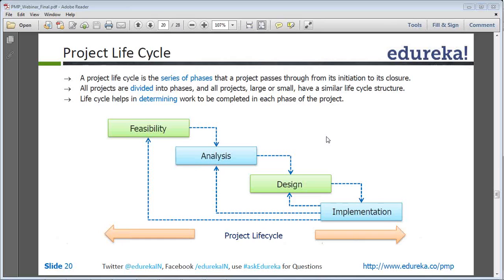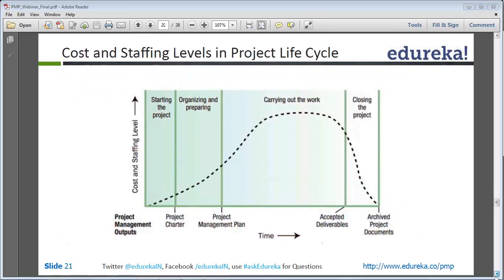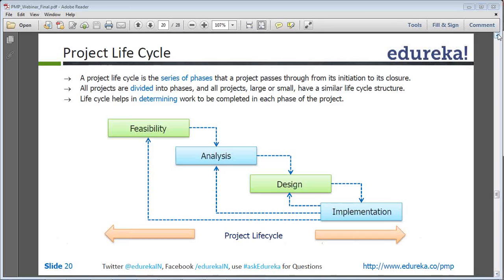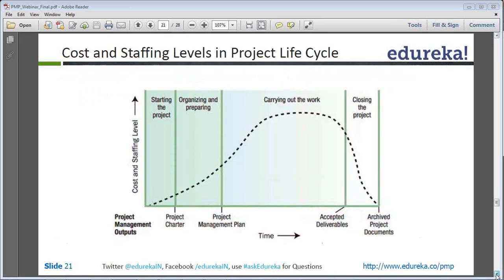So here we can see there is a feasibility analysis, design, implementation for a software project, but it can be different and can be something like design, then you have planning, then you have excavation, foundation creation, then you have construction, you have plumbing, you have electricals, all these you have for any construction project. So these life cycles vary depending on the type of project it is.